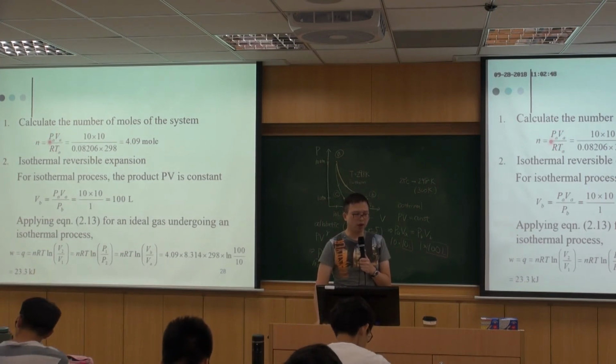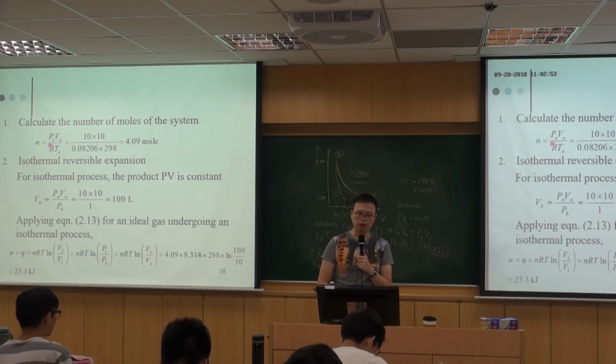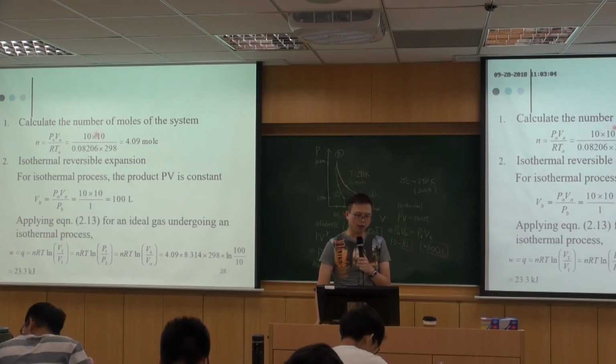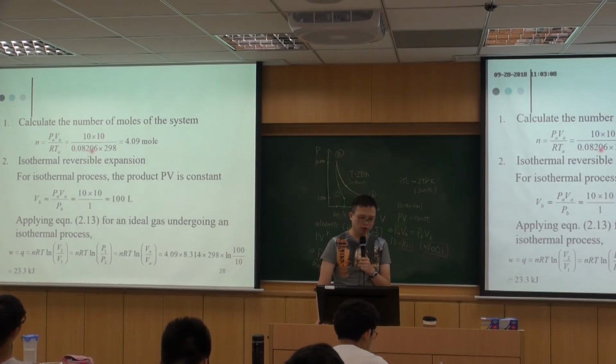And again, remember what gas constant you're going to use. If you're using atmosphere and liters as your units, then you have to use 0.082.